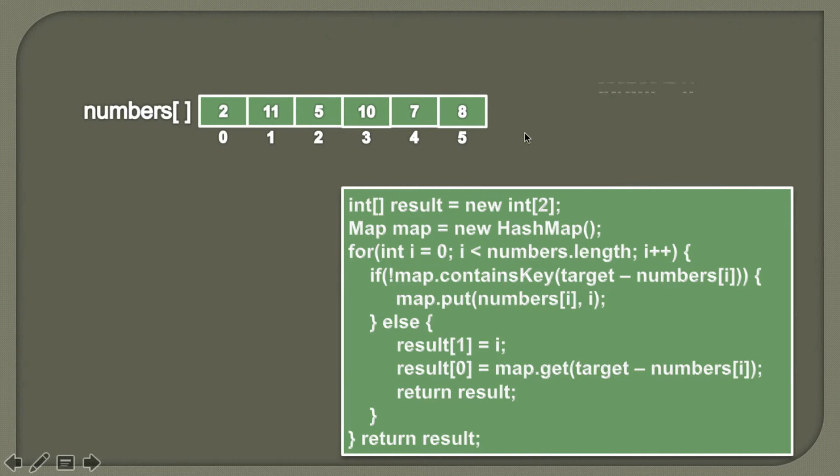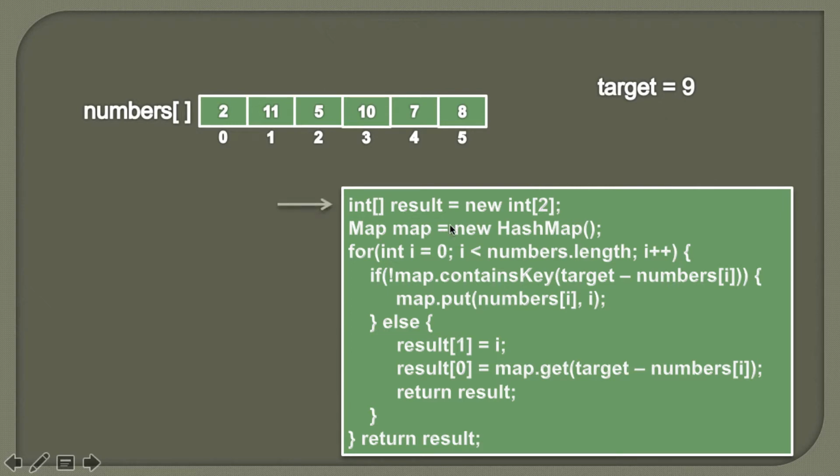Now let's say we are given a target as 9 and we want to find two such numbers which add up to make 9. We know that 2 and 7 make 9. So in order to find those two numbers, below is the algorithm for it. Let's quickly see the demo of it.